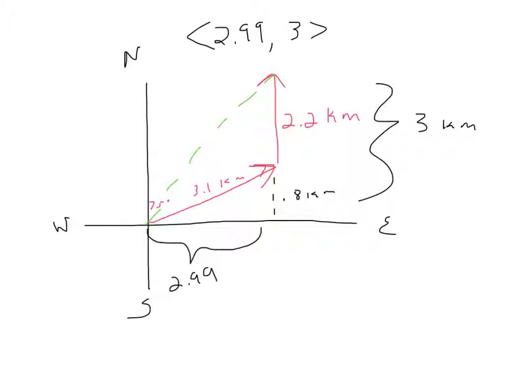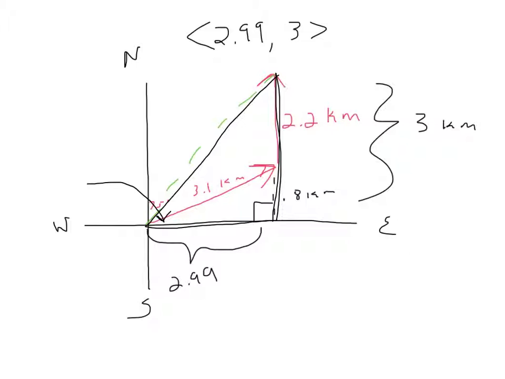Okay, so here it is. Now, we still have a right triangle here. Notice we have our right triangle right there. Now what we want to do is find an angle measure. We want to find this angle measure, and we're going to be going, again, north and east.